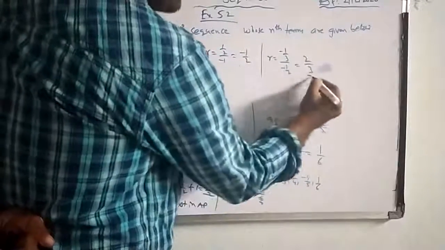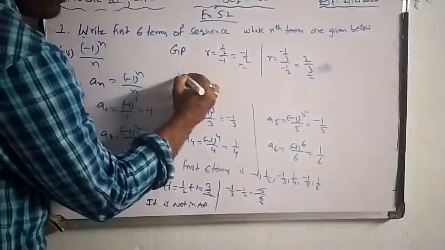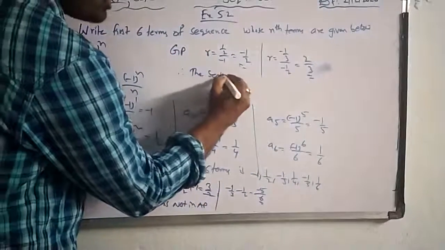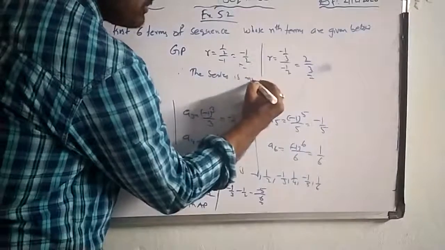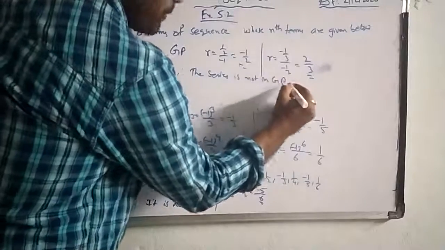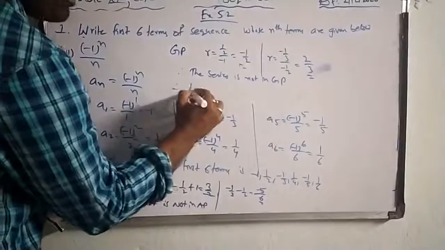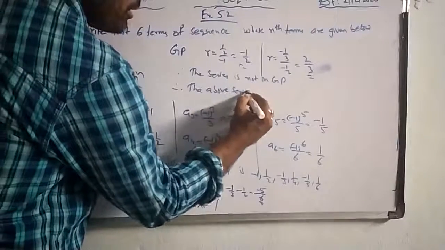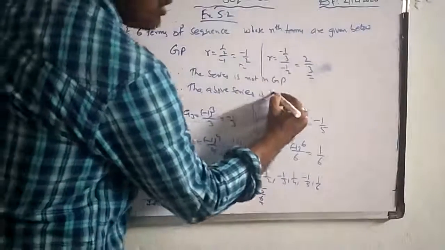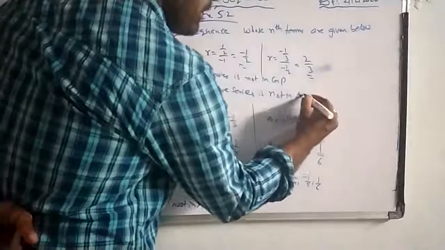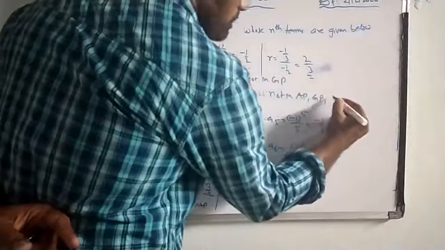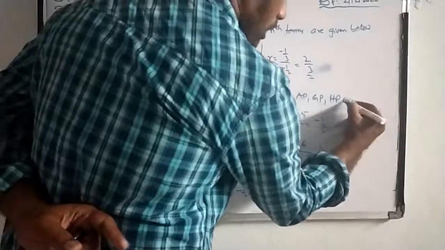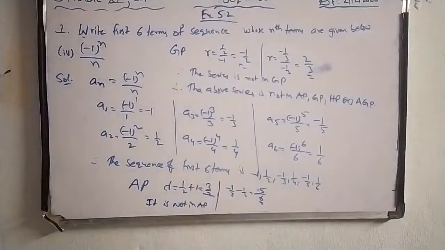So the common ratio is also not constant, therefore the series is not in geometric progression. Therefore, the above series is not in arithmetic progression, geometric progression, harmonic progression, or AGP also.